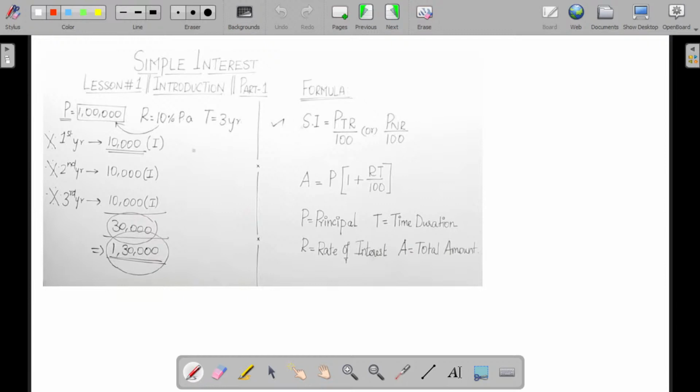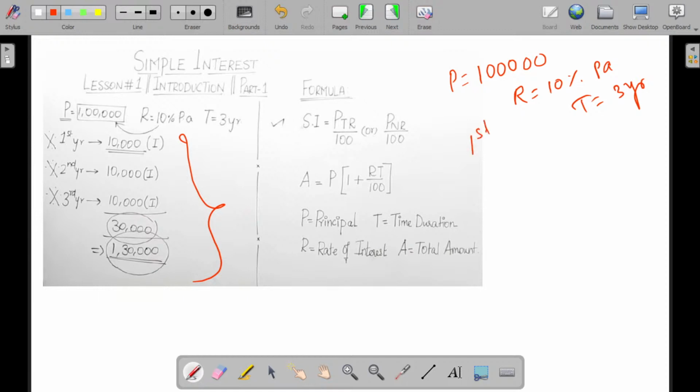The normal method: for example, if the principal is 1 lakh rupees, the rate of interest is 10 percent per annum and the duration is 3 years, how do you calculate? For the first year, the rate is 10 percent per annum, so for 1 lakh that is 10,000.